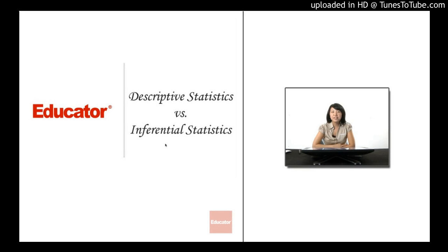If this distance is exactly equal to this distance, and these are positive and these are negative, when we add them all together, we get 0. The ideal is that all the residuals on this side and all the residuals on this side add up to 0, because that would mean that our line is truly in the middle of all these distances. All right, so that's called a residual.